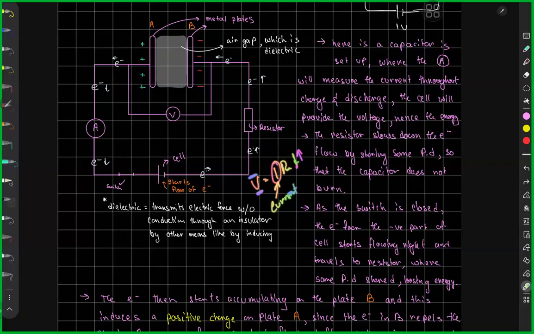Now, what happens? I could show you a demonstration over here, but I don't have the setup with me. But when you have no resistance in the circuit, granted the wire has zero resistance, often we make this assumption when working in electricity, and in that case, you know what will happen?